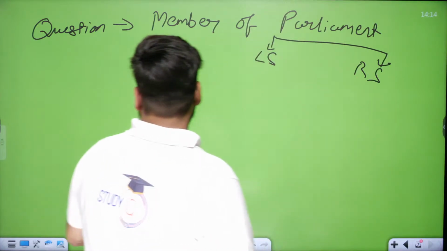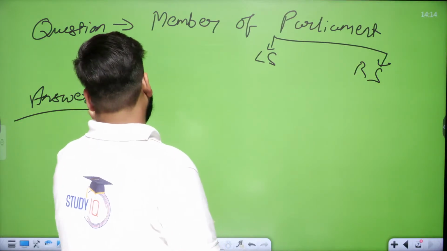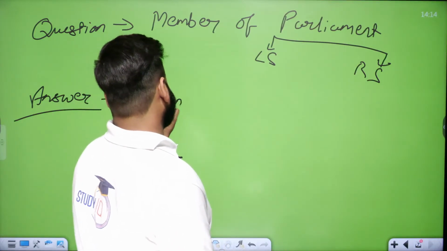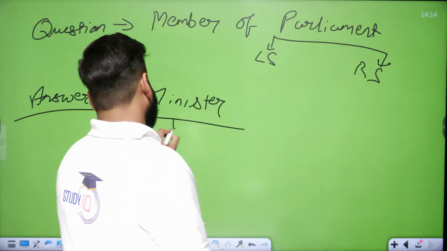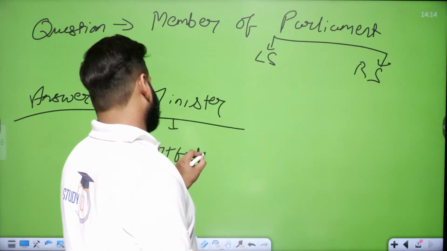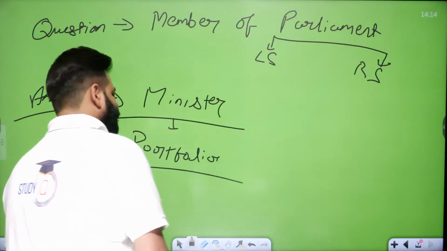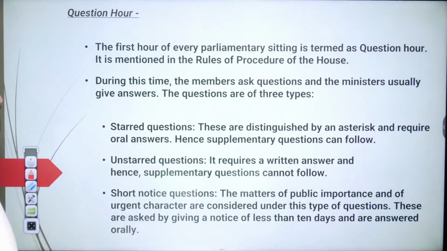Who will be the answering authority? Whosoever is considered a minister, as in whosoever is holding the ministry or the portfolio. So this is what the question answer thing is all about.